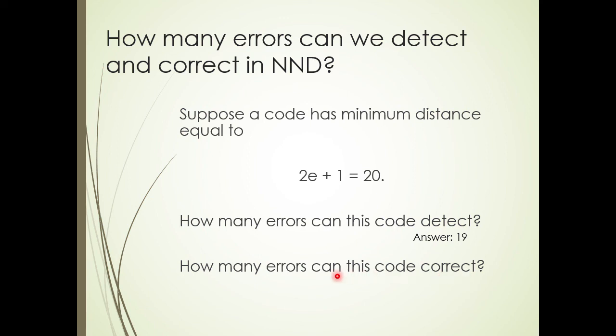In this case, the code can correct up to e errors. So solving for e, we have 9.5. However, 9.5 is not a valid answer. So we have to round down the number of bits to 9. So the answer to this question is 9.